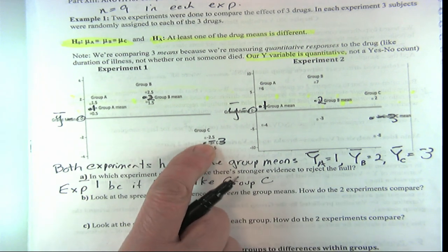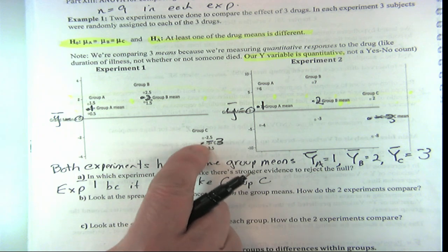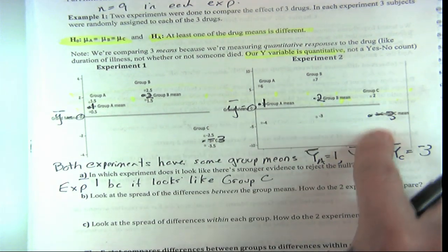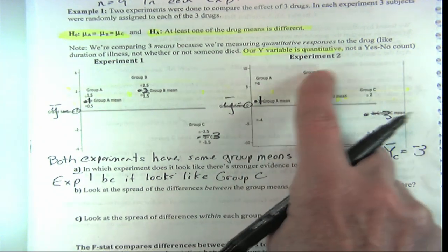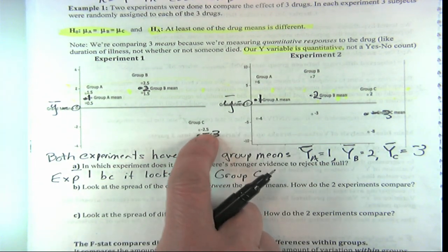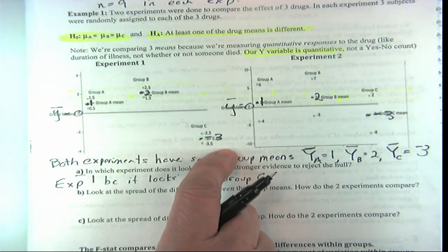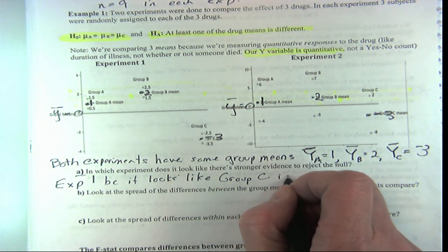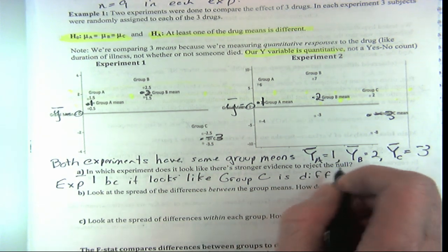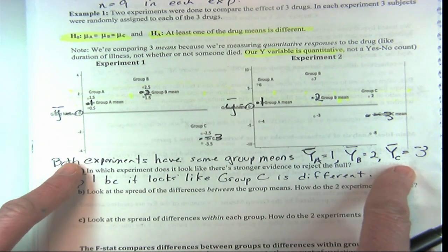Like nobody scored above 0 here. They're all grouped down here, whereas with these there's a lot of overlap. Everybody in group C is way down here. There's a little bit of overlap here, but not with this group. So it looks like group C is different. You can't tell by comparing their means.